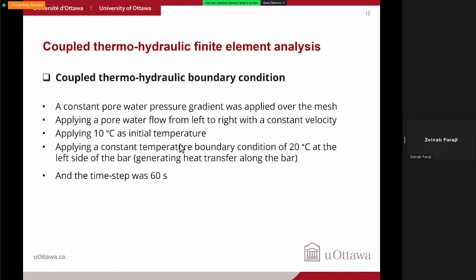An initial temperature of 10 degrees centigrade was applied, and a constant temperature boundary condition of 20 degrees centigrade at the left side of the bar to create a temperature gradient. The time step was 60 seconds to simulate the case that we see in the slide.